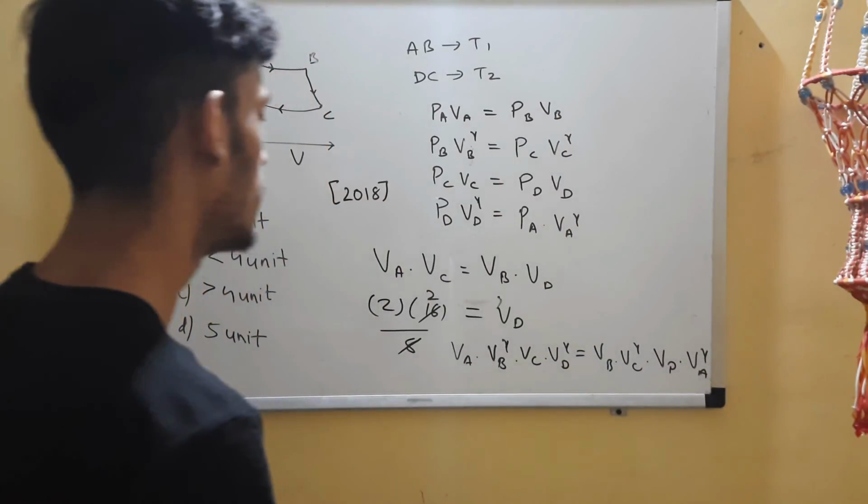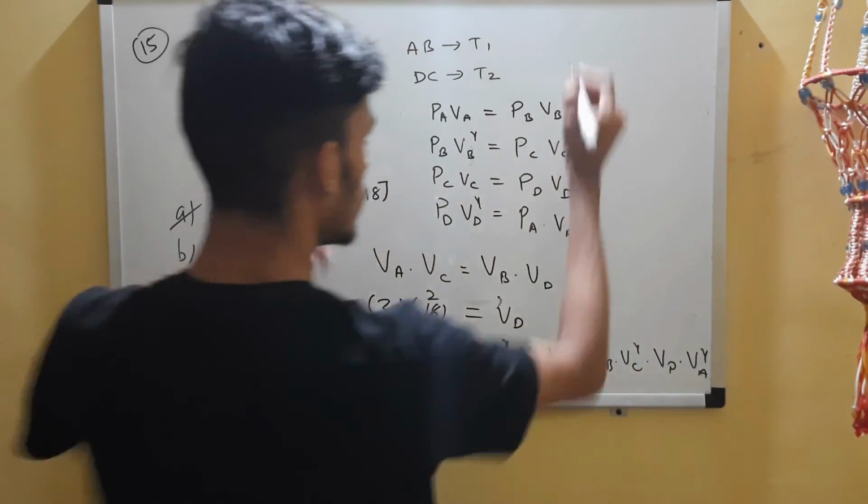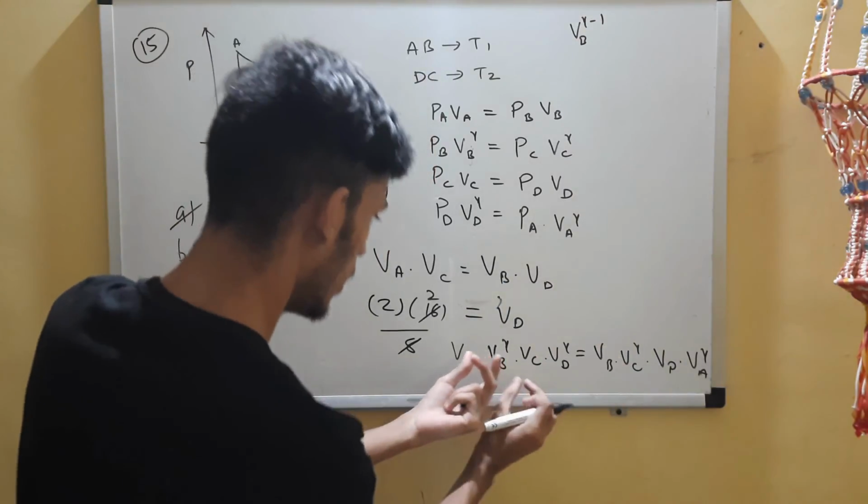Now bring the like terms together. Let's bring VB and VB together, so VB raised to gamma minus 1 will come in the denominator.